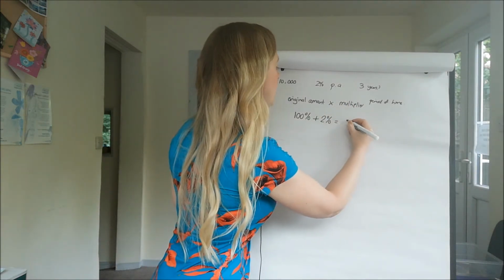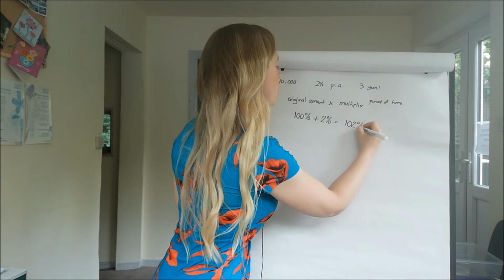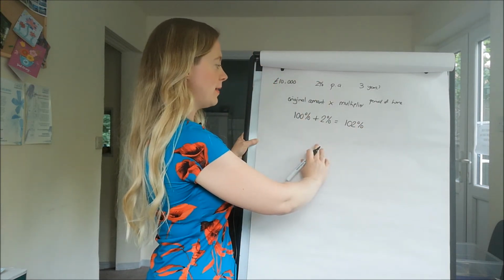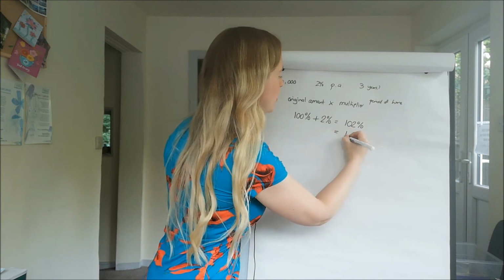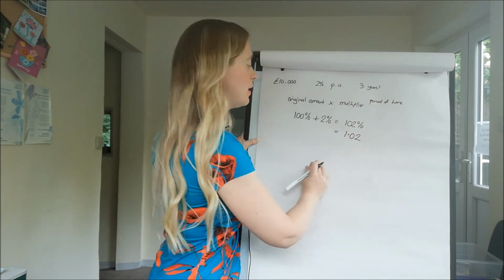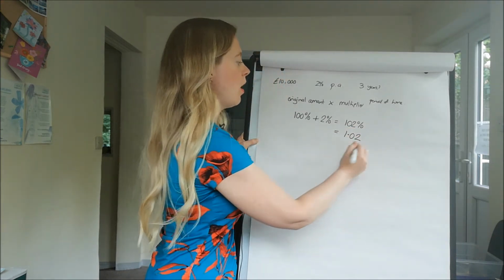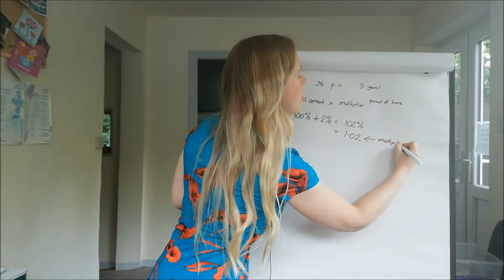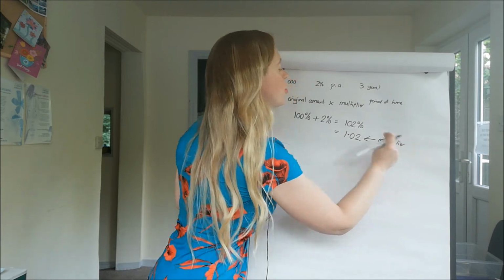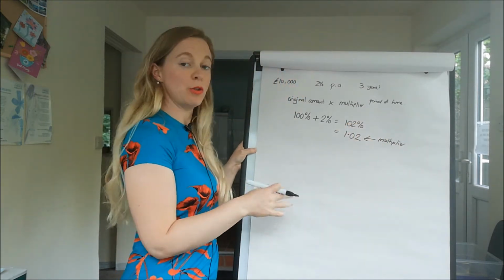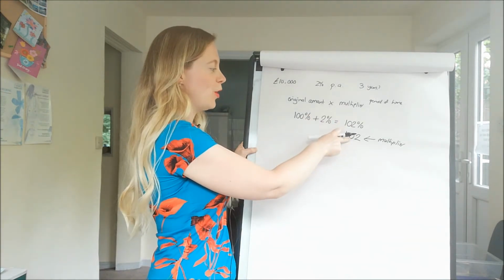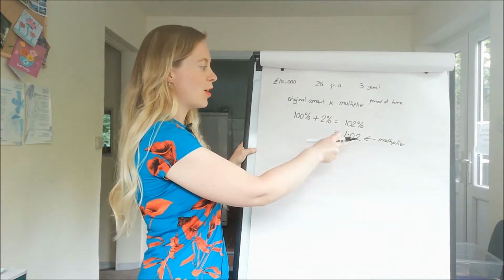So that's going to give 102% in this case because it's 2% compound interest. And converted into a decimal, that's 1.02. And that is what we're going to use as our multiplier. And it's really important to convert it to a decimal first, or else you'll get the wrong answer. People sometimes forget to convert it to a decimal, but you must, or else you'll get the wrong answer.